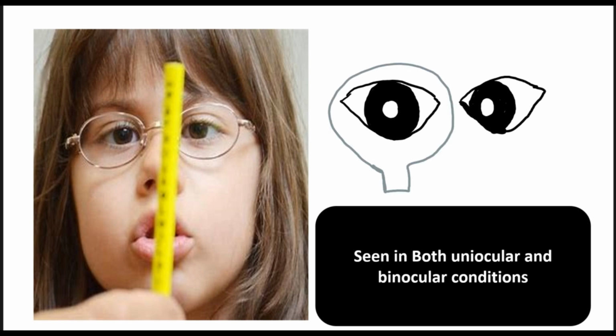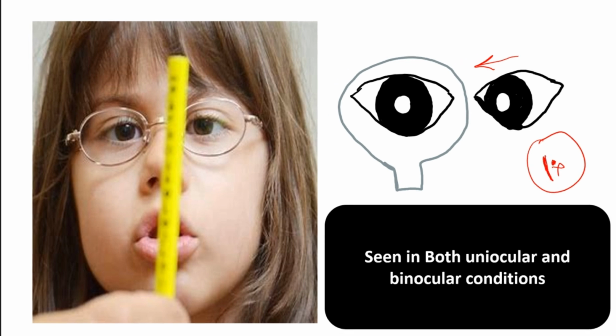So here, when you introduce your cover in front of the normal eye, even then this eccentrically fixating eye is not going to move back to the fovea, because in most cases of eccentric fixation, the fovea is abnormal, and that has forced another point to take the role of the fovea. So in eccentric fixation, when you cover the normal eye, the deviating eye is not going to come to its normal position. So eccentric fixation can be seen in uniocular as well as binocular conditions.